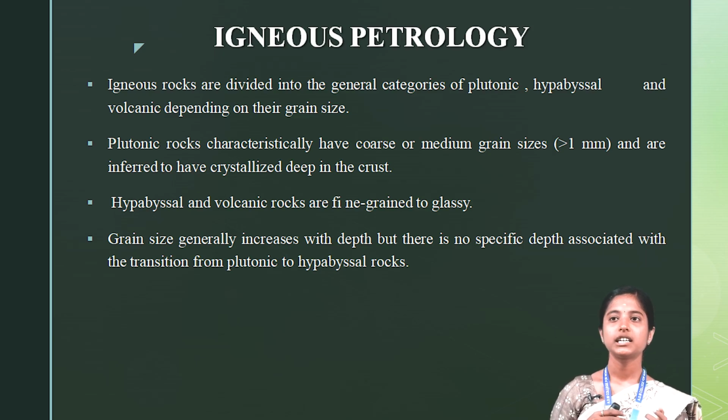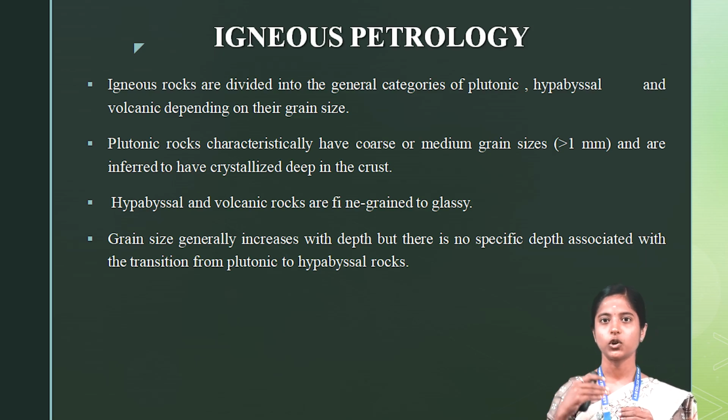Hypabyssal and volcanic rocks are fine grained to glassy; volcanic rocks crystallize at the surface, and hypabyssal rocks crystallize at shallow depth, typically less than a kilometer. For example, hypabyssal rocks are formed at 800 meters or 500 meters.